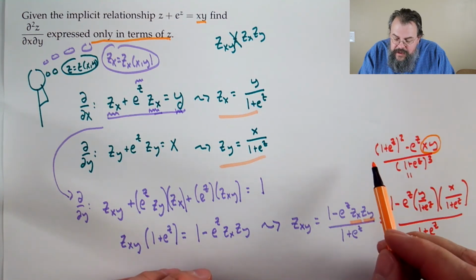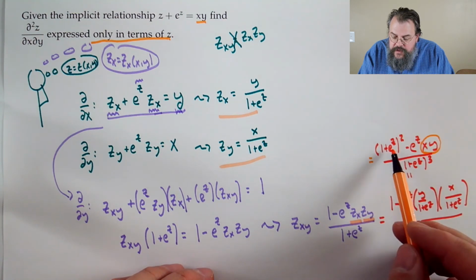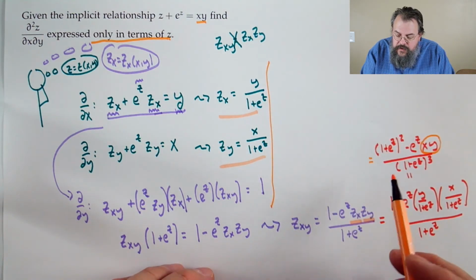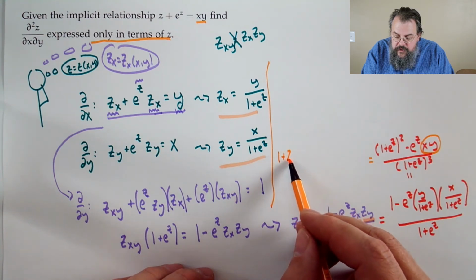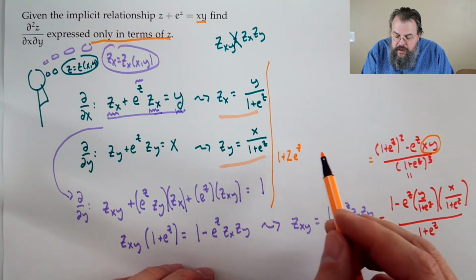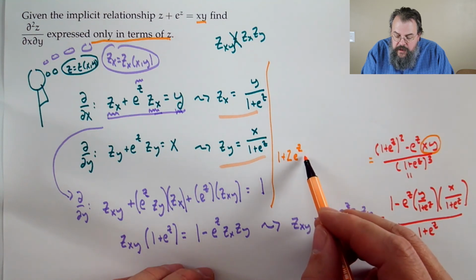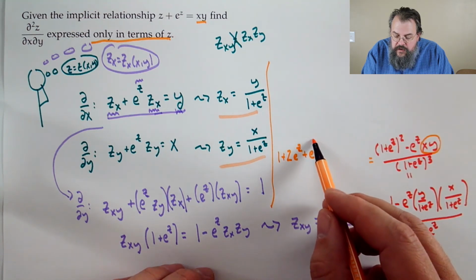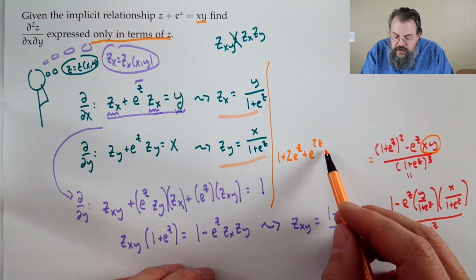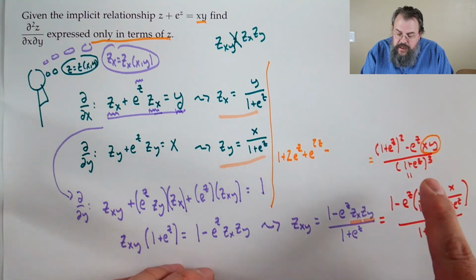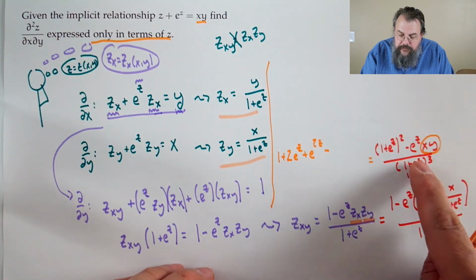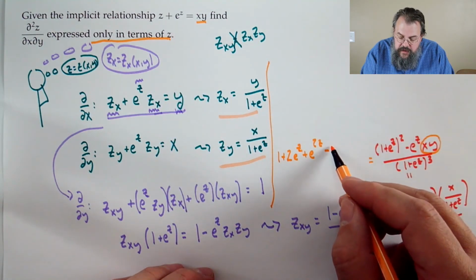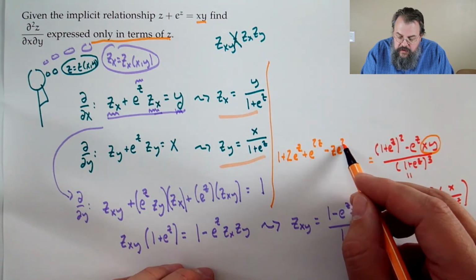Okay, so let's clean it up. So first off, let's square the first term. That would be 1 plus 2 e to the z, then e to the z quantity squared would be e to the 2z. Subtract, we're going to take e to the z times this. Well, e to the z times z will be z e to the z.